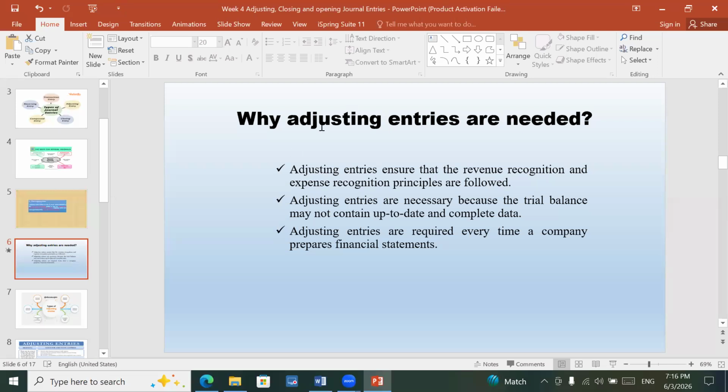Now, why are adjusting entries needed? Adjusting entries ensure the revenue recognition and expense recognition principles are followed. That means no priority of cash.